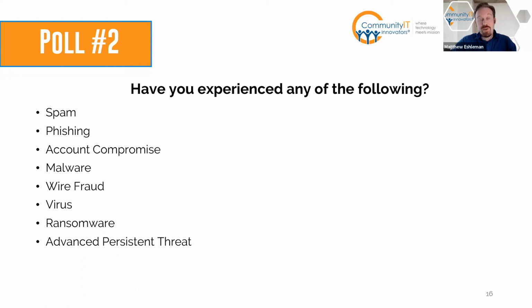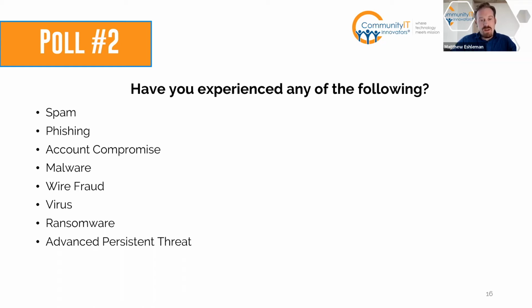About 15% of organizations have had an account compromise, 20% virus or malware, 33% up into that range. About 15% of the respondents have said their organization has been a victim of wire fraud, and a small percentage, 6%, has experienced ransomware.